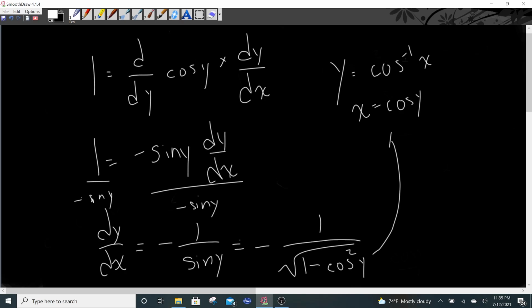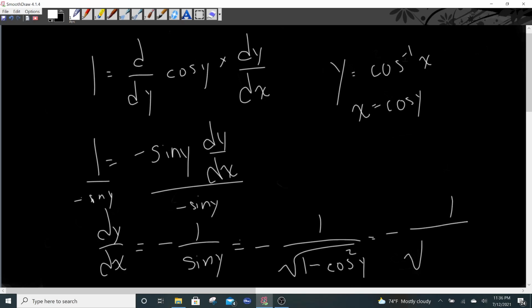Isn't that the exact same thing as what we have here? And if you're thinking that, then pat yourself on the back. You are absolutely correct. x is equal to cosine y, so that means that cosine squared y is equal to x squared.